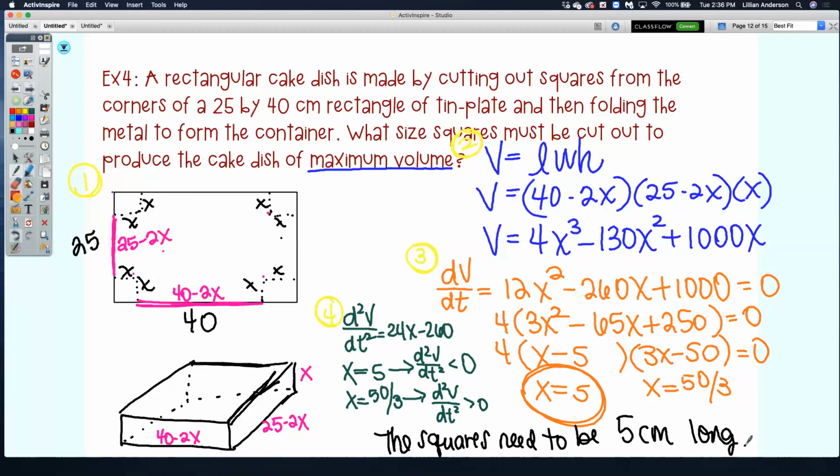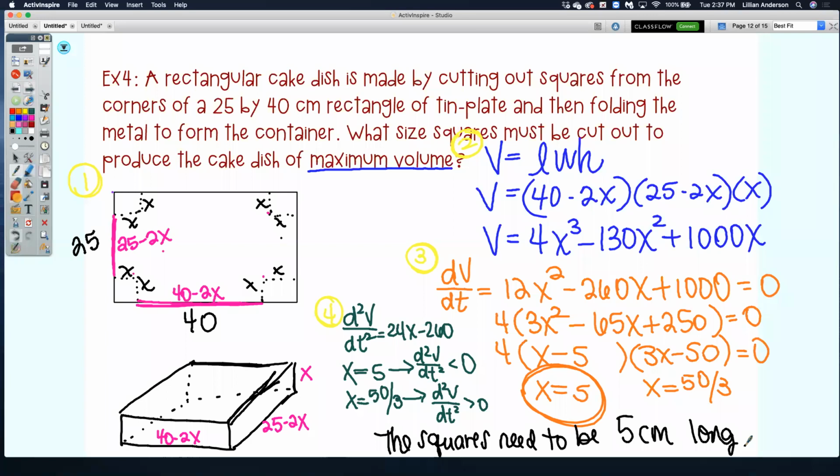Okay? Now, if you're wondering, do we need to check endpoints here? Well, the one thing that we know for sure is that x can't be any bigger than 12.5. Where did I get 12.5 from? 25 divided by 2. The shortest side, which is 25 minus 2x, if you set that equal to 0 and solve, that lets you know the largest that x could be.